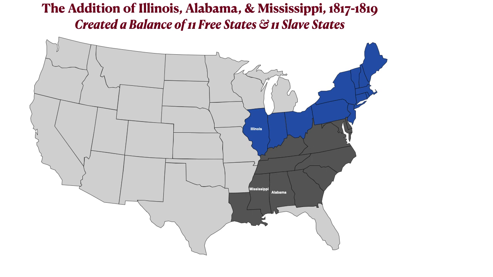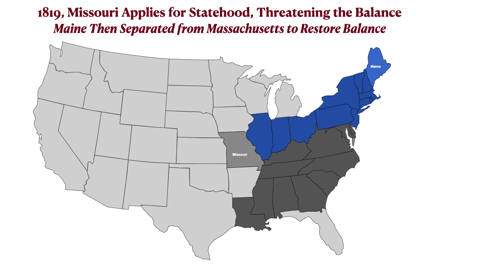So 3 new states come in, and then Missouri applies for statehood. So Missouri is west of the Mississippi River, but it had been, as I mentioned in the previous lecture, it had some French settlement in it, and those French settlers, many of them owned slaves, and then people started moving in from the slave states of the United States, Kentucky, Tennessee in particular, bringing their enslaved workers with them, and especially in central Missouri, along the Missouri River, established a plantation agriculture zone.